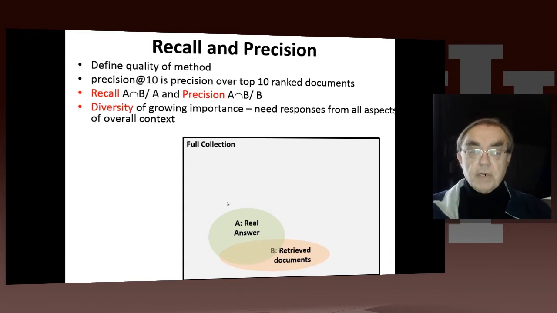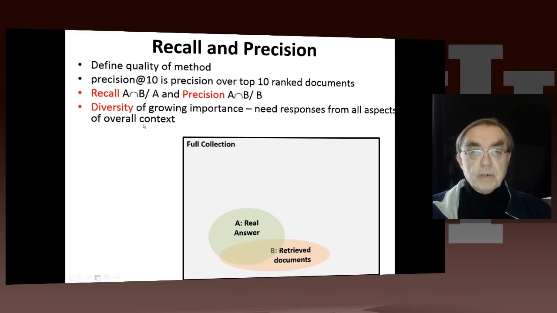So you can obviously trade these off against each other. If you have a very strict search, then you may not recall so many, but it may also be more precise. If you have an answer which is a small circle inside the real answer, then the precision is 100%, but the recall is smaller than that.